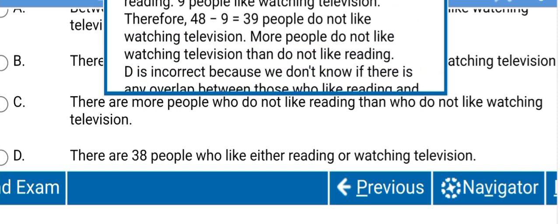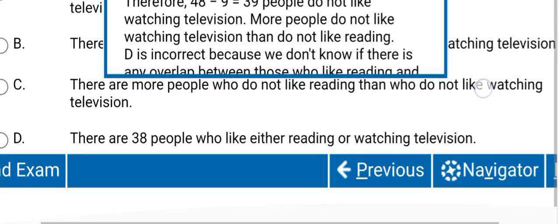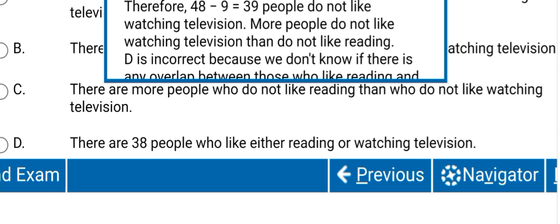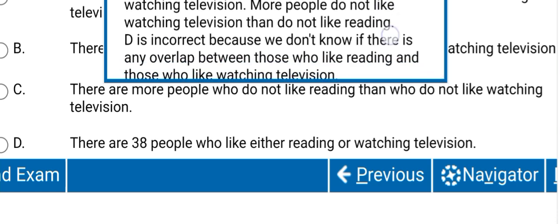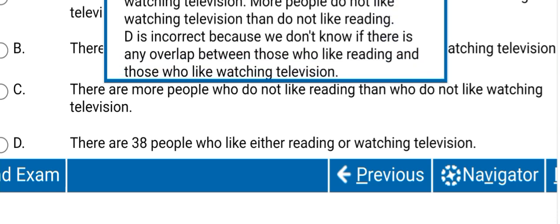More people do not like watching television than do not like reading. Then we have option D. It is incorrect because we don't know if there is any overlap between those who like reading and those who like watching television.